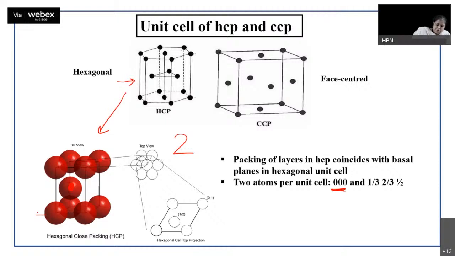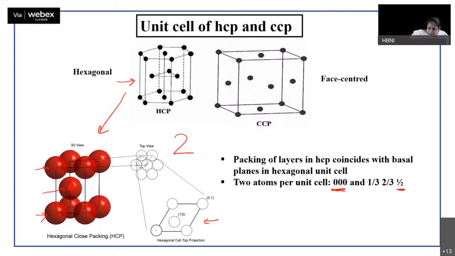Suppose this was the 0 layer and this was the 1 layer. The c coordinate of this atom would be half. And that I have already written here. Now we have to clarify 1 by 3 and 2 by 3. Now suppose I press this atom, this is very hypothetical, but I press this atom to the basal plane. This is what it will look like, right? See, I have already decided it is half.